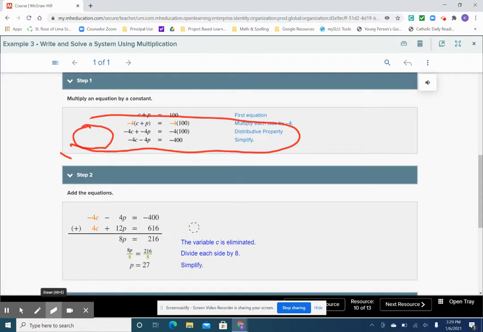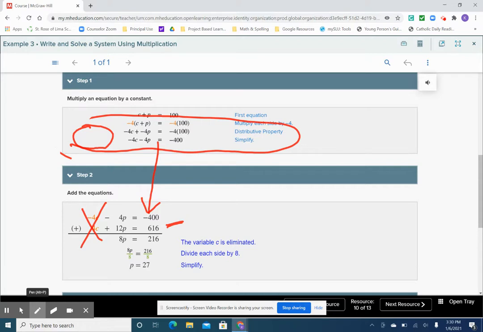Okay, I'll get rid of this line for you. So 4C plus 12P, remember that's your original equation, which is your $4 times the C and $12 times the P equals $616. Here's your new equation. They've eliminated the C, so they're solving for P, or they're solving for Y, whatever variables you want to use. Negative 4, positive 12 is positive 8.